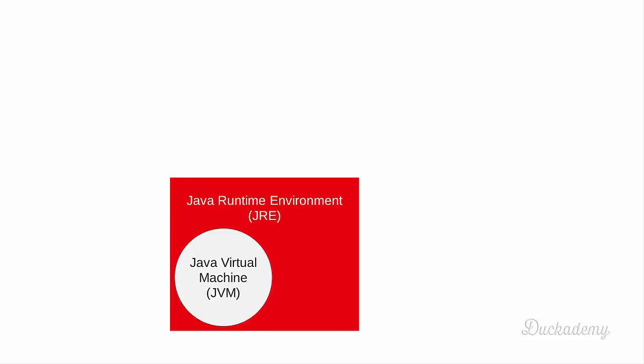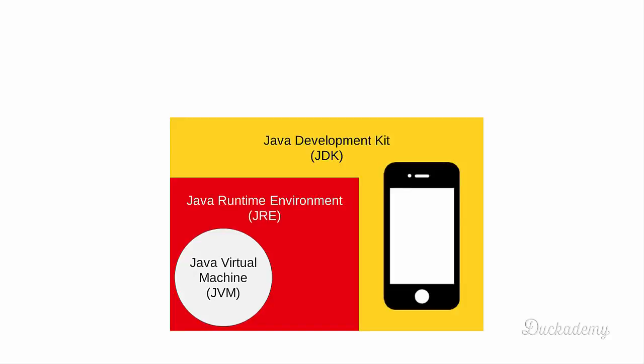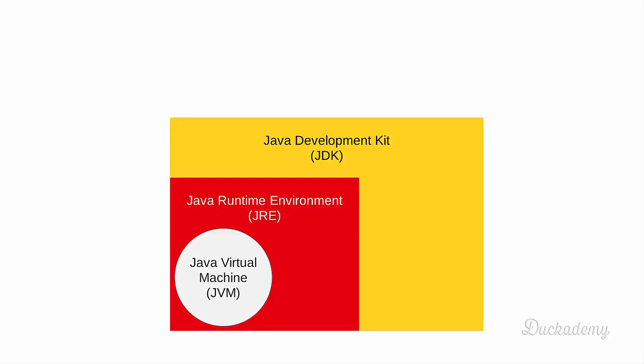This software is needed if you would like to show your program to your mom, your spouse, or your kid. You have to install this software on their computers. If you want to make Java programs, you need the Java Development Kit. In our analogy, this was the mobile phone with the translator. The Java Development Kit contains the Java Runtime Environment.